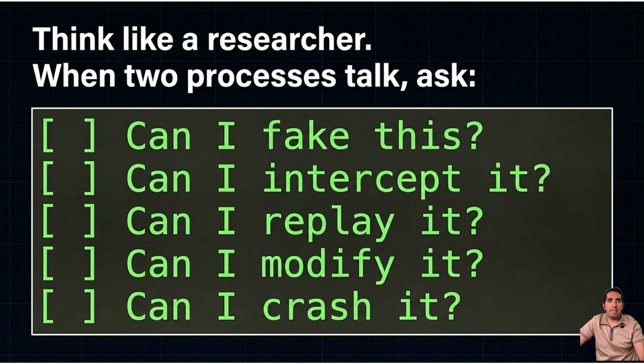So, if I want to make you more curious about things, when you encounter any IPC mechanism, whether it's a custom Linux pipe or a Windows ALPC port, you must run this checklist. Can I fake this? Can I intercept it?